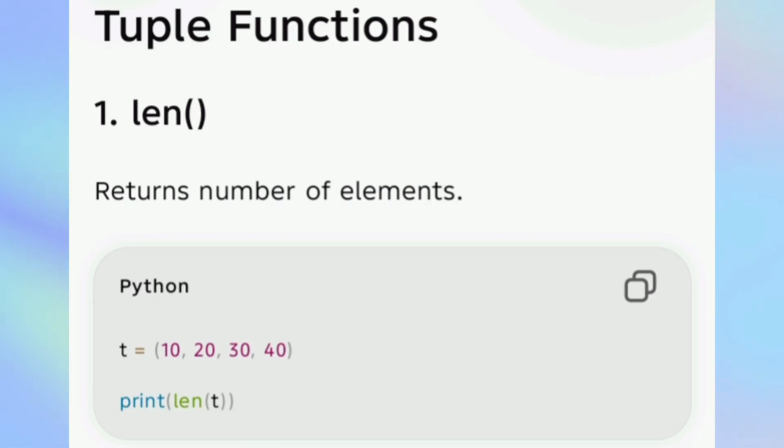Tuple functions. len returns the number of elements: t = (10, 20, 30, 40). So the length of the tuple, what is my output? 1, 2, 3, 4. The length is 4.